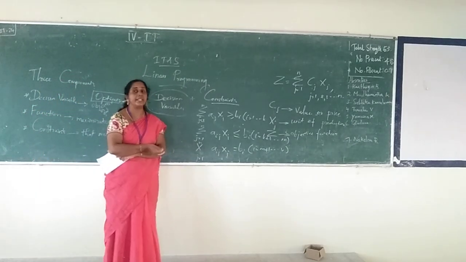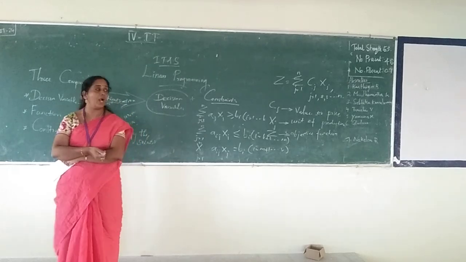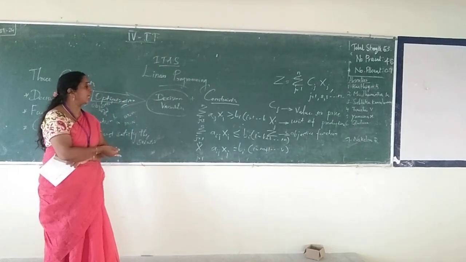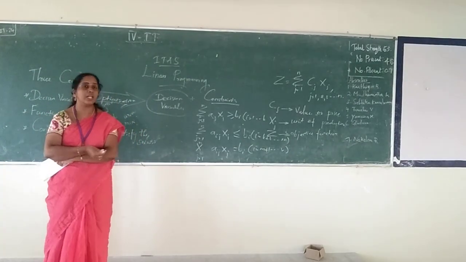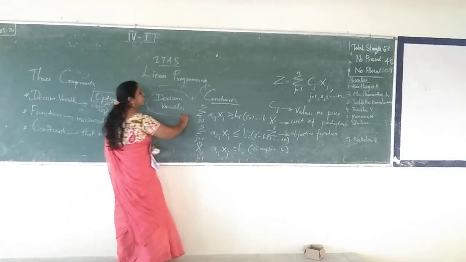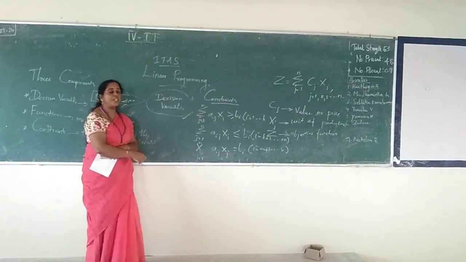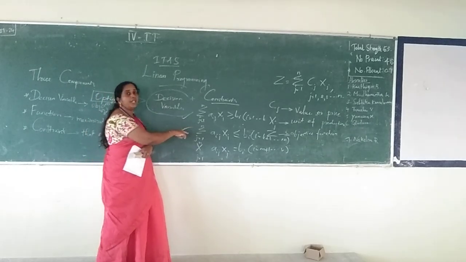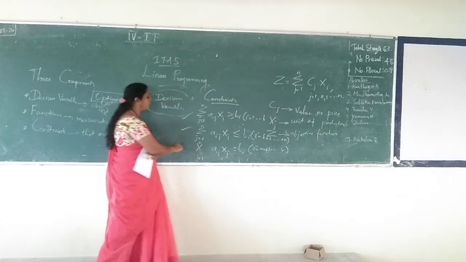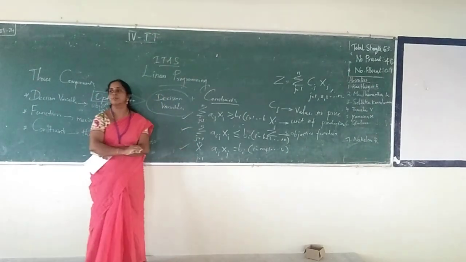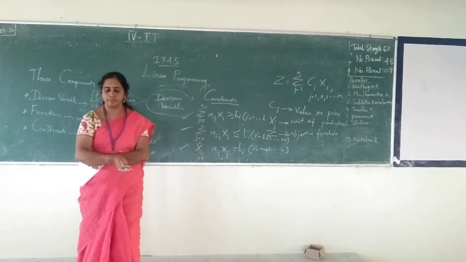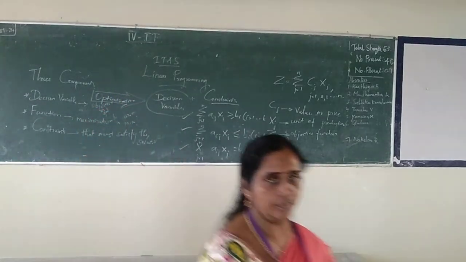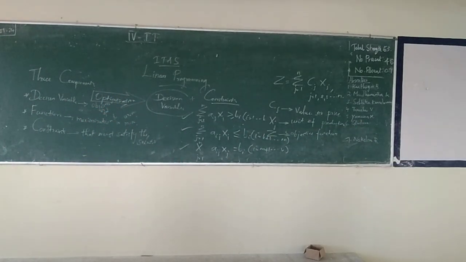If the value of i is between 1 to k, we use the first constraint. If the value of i is between k plus 1 to m, we use the second constraint. Like that, if the value is between m plus 1 to b, we use the third constraint.